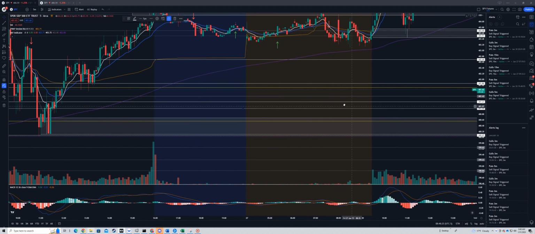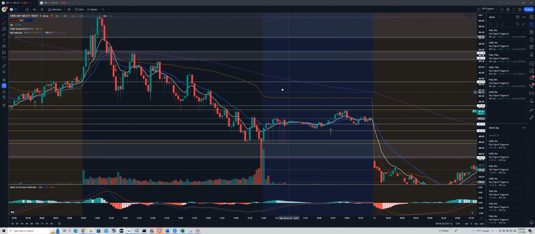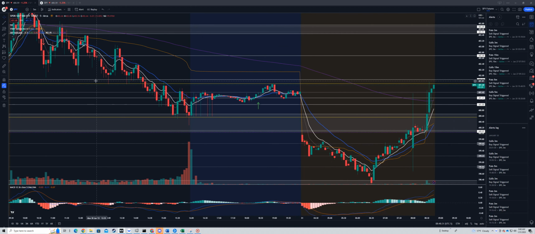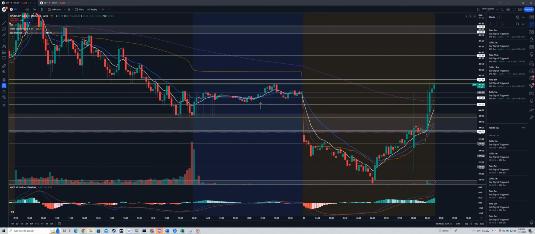And then let's go ahead and see if there were some levels from yesterday that could hold quite well today. So there was a really strong support level on the 5-minute chart right here. I'm going to draw that. I'm trying to find the best way to draw this to encompass the most candles.